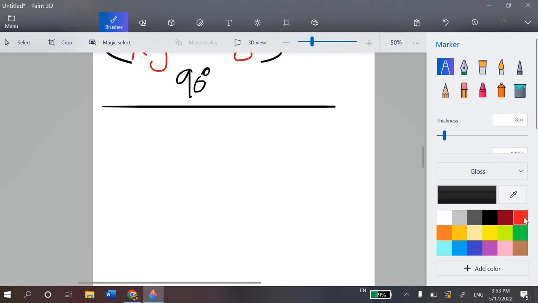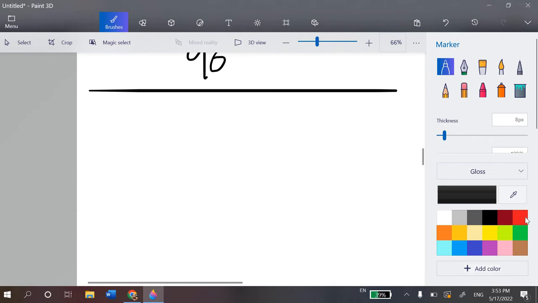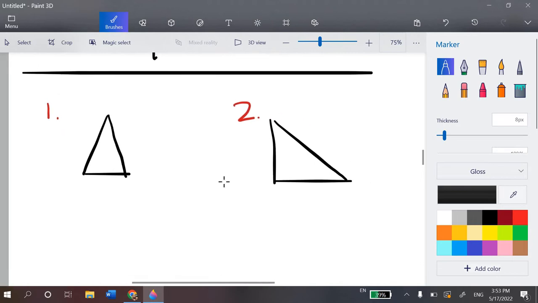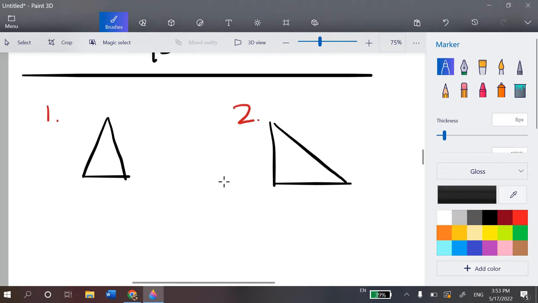So let's start here by trying to find which one of these two triangles is a right angle triangle. Triangle number 1, triangle number 2. Can anybody tell me which one of these two triangles is a right angle triangle?